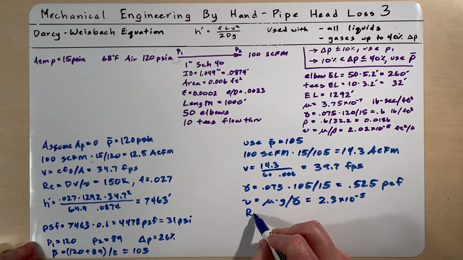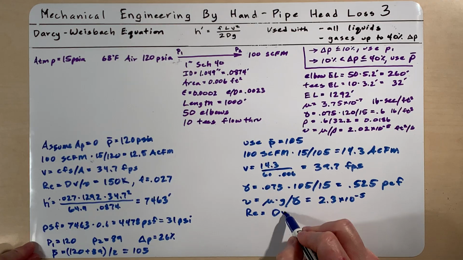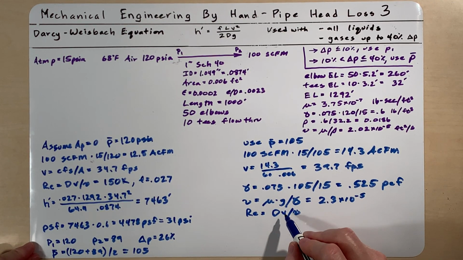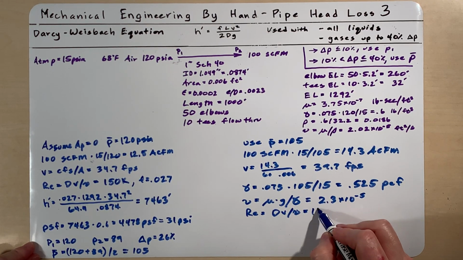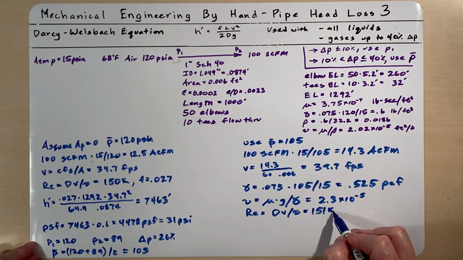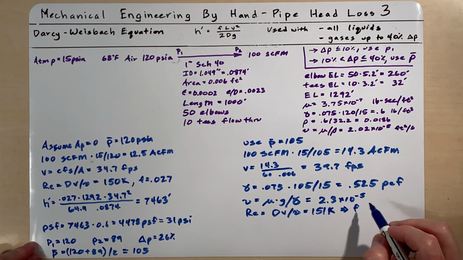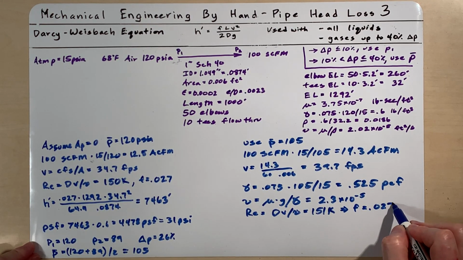Okay, so Reynolds number is dV over ν, using the new velocity and kinematic viscosity, and that's 151K, so it's about the same as our first guess. So I'm just going to say that the f hasn't changed, so 0.027 again.